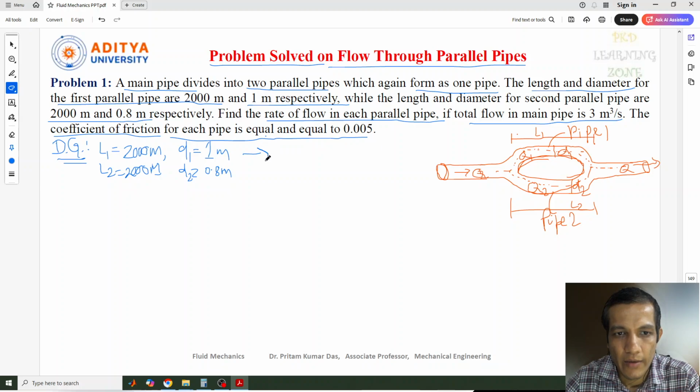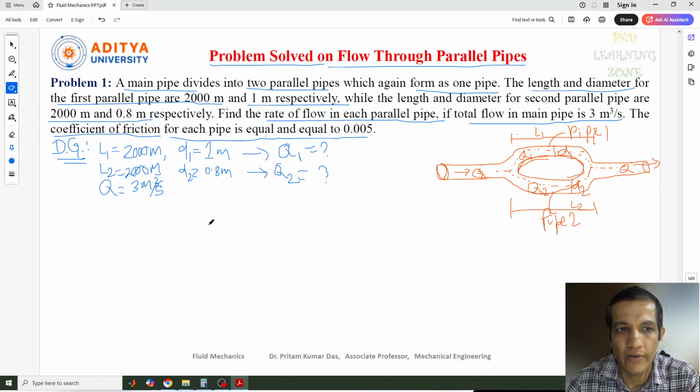For this parallel pipe we need to find out Q1, and for parallel pipe 2 we need to find out the rate of flow Q2. The total rate of flow Q is given here as 3 meter cube per second.